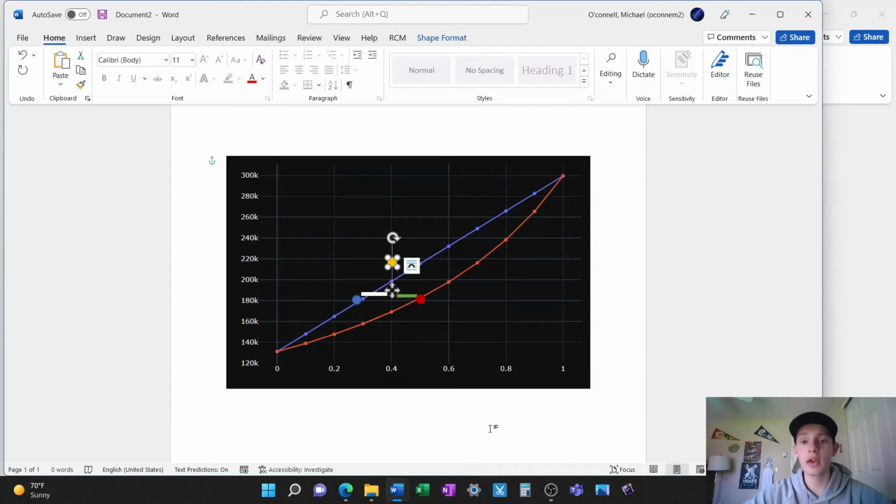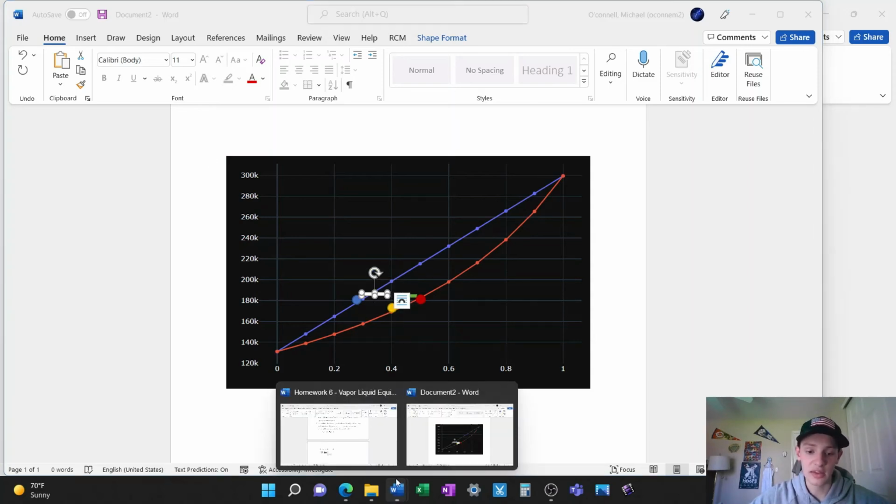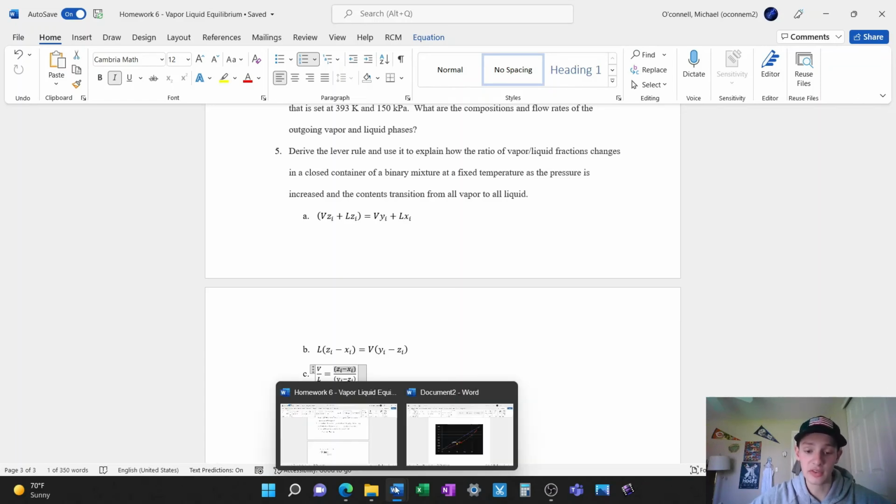And obviously we can go the other way too, right? In the same way, we can decrease the pressure and keep decreasing it. And then again, when we would be right here, you would have that last little bit of liquid evaporate into the vapor phase. And likewise, you would see this white rectangle I have representing the distance that is given by this numerator, z minus x.